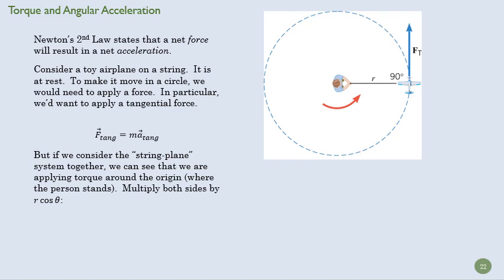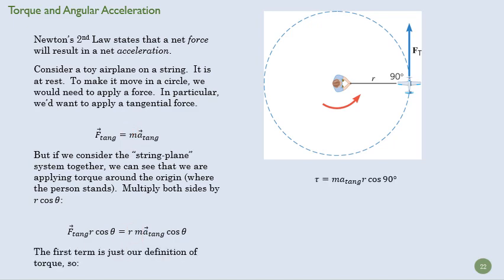Okay, so let's multiply both sides by r cosine theta. The reason we want to do that is so that we end up with our definition of torque: force times perpendicular lever arm, cosine theta. And then we're adding an r to this side too. So we can restate this: this side is our torque, and it is going to be equal to mass times tangential acceleration times r times the cosine of 90, which is just going to be 1.